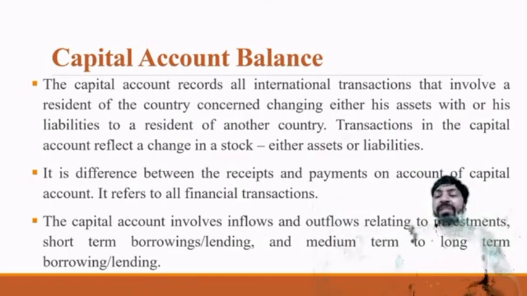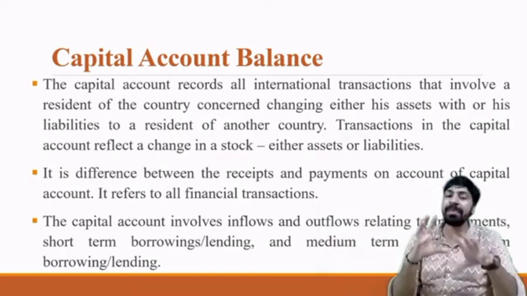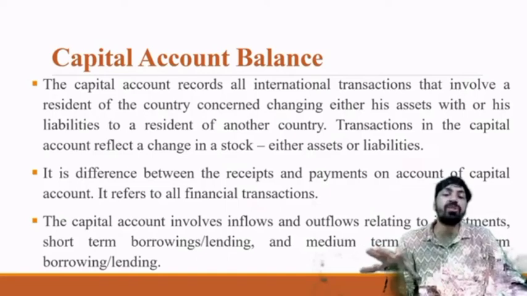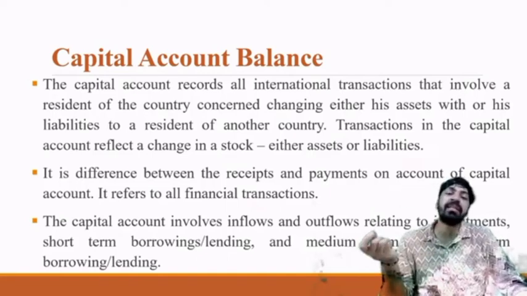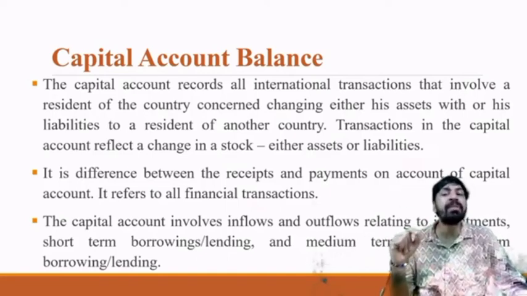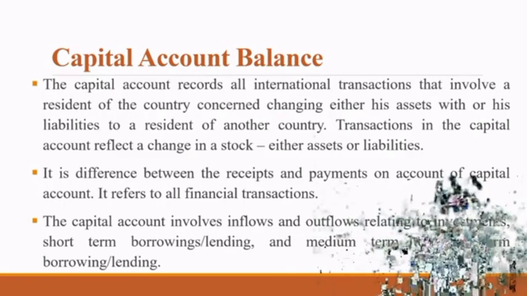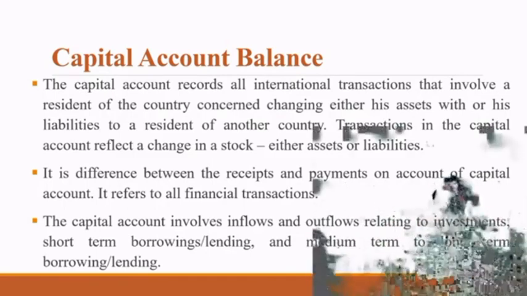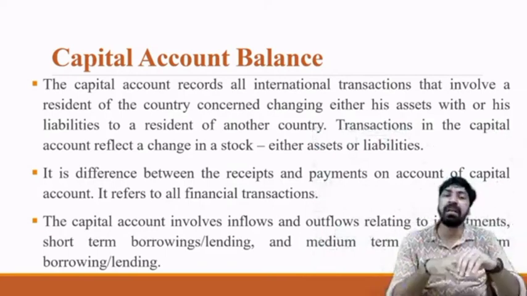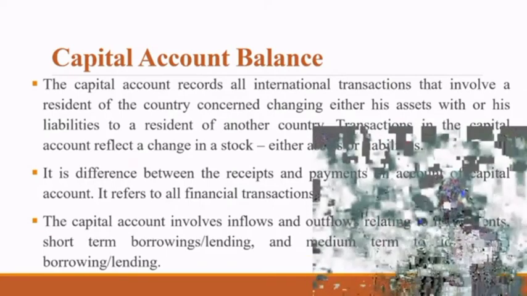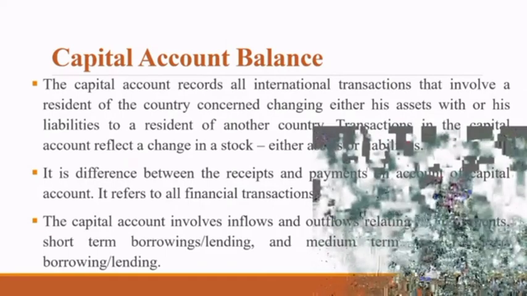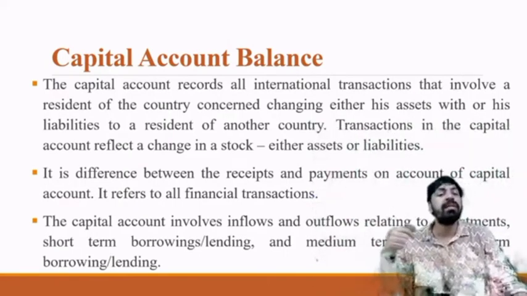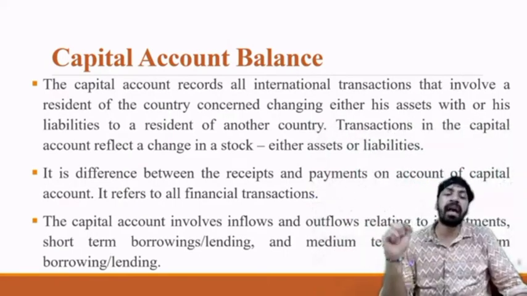If any transaction goes on in the capital account, it ultimately reflects a change in the stock of assets and liabilities. That means the difference between receipts and payments on the capital account, which also includes all the financial transactions in respect of assets and liabilities.